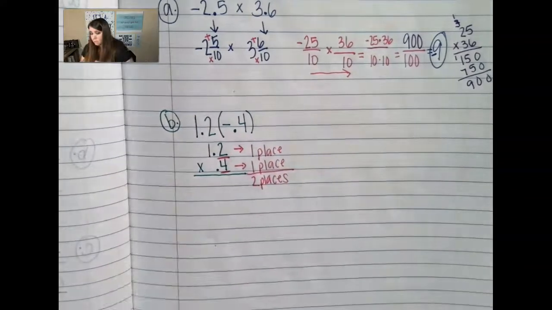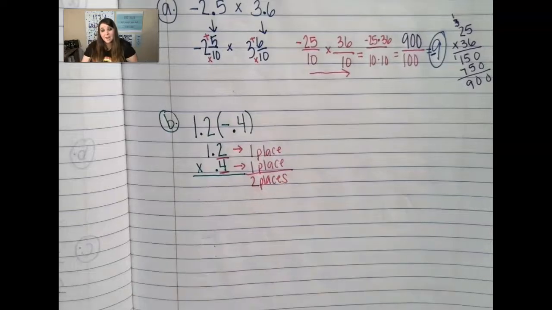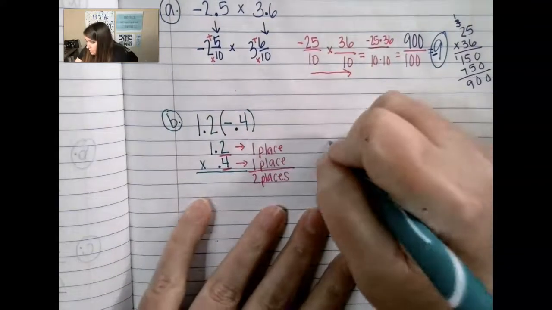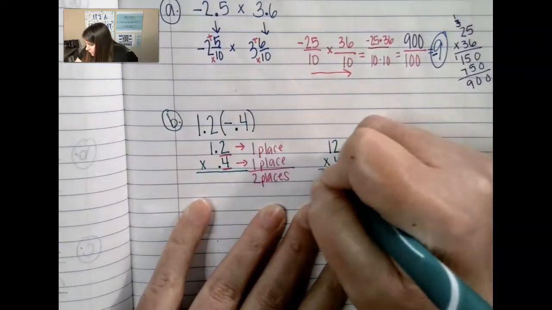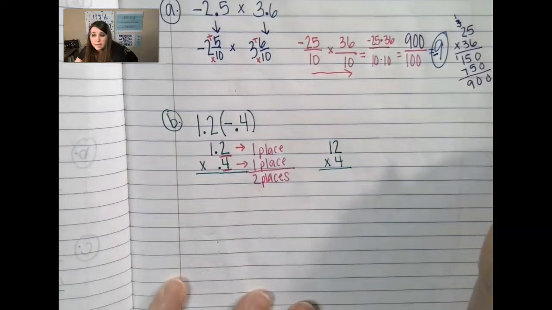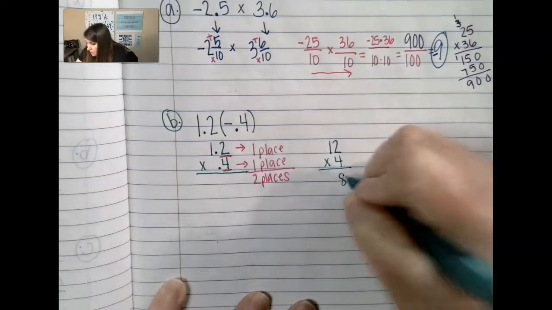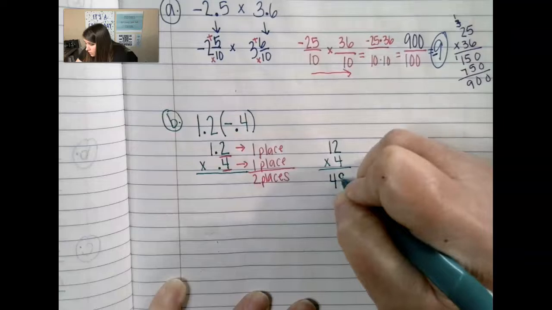We're going to hold on to that information, because now I'm going to rewrite this problem without the decimal and multiply just like normal. 4 times 2 is 8. 4 times 1 is 4.